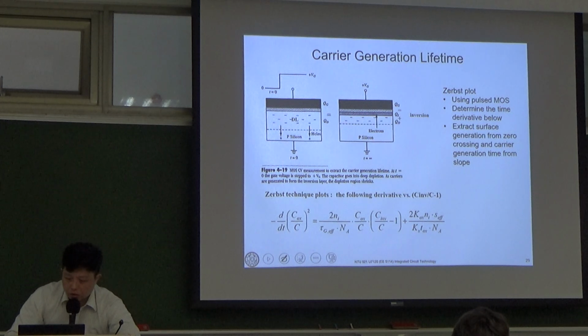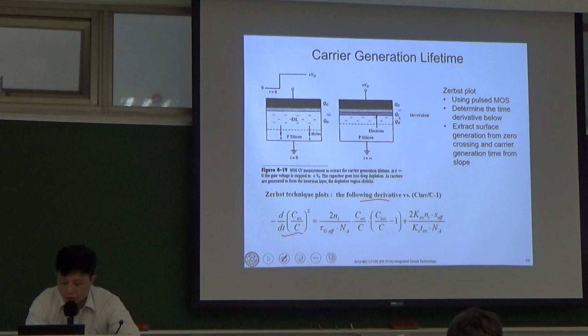And this is called Zerbst plot. You can plot the derivative here with your C inversion over C minus 1.